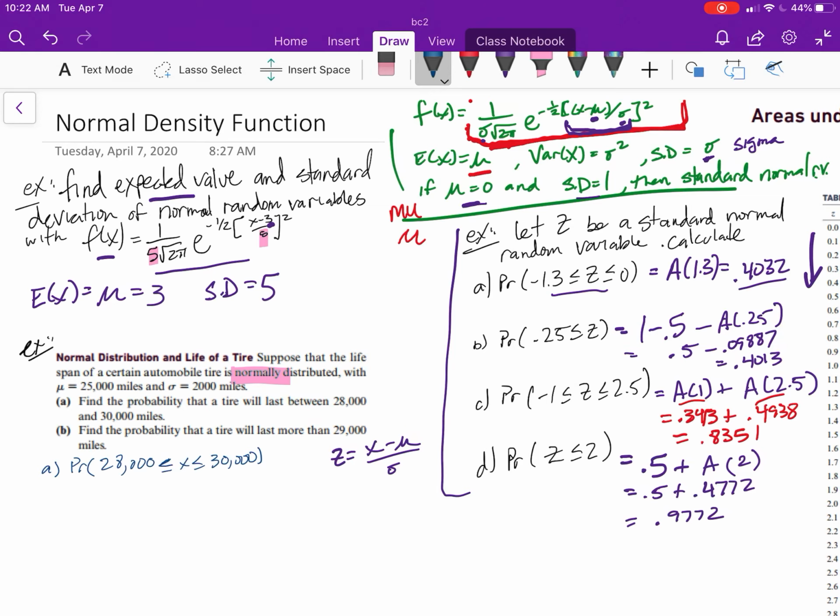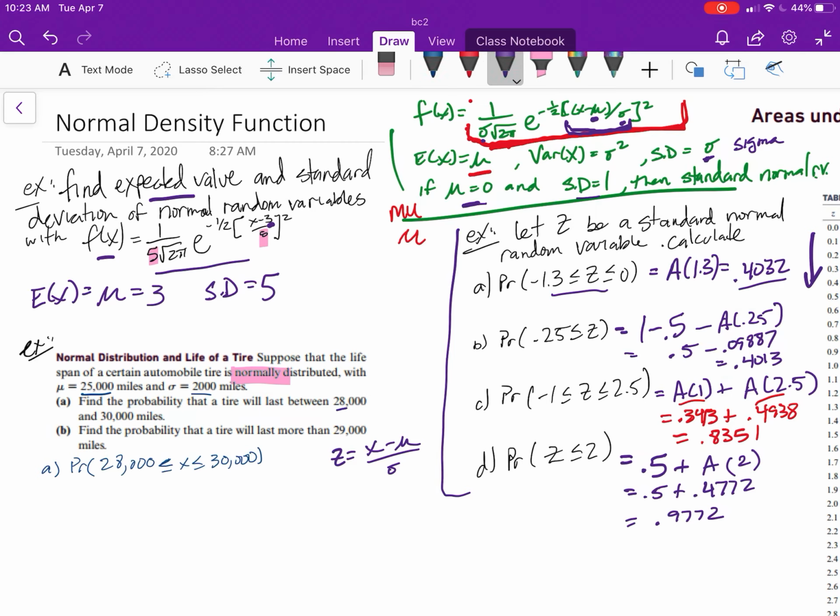But since it's normal, I want to use that z-score table. I need to convert these to z-scores first. It tells me the mean, E of x, and it tells me the standard deviation, sigma, 2000.